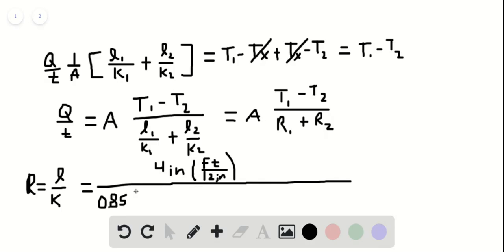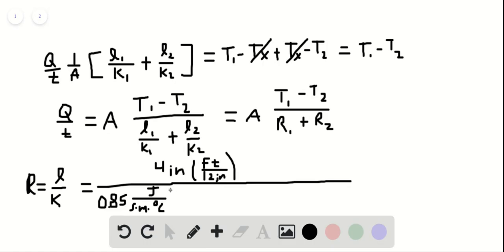for K, which has units of joules per second times meter times degrees Celsius. Okay, but let's get it out of seconds and into hours, out of meters into feet, out of joules and into BTU, and out of degrees Celsius into degrees Fahrenheit.